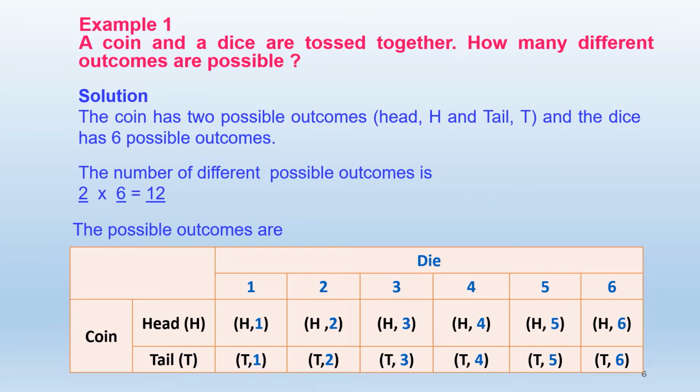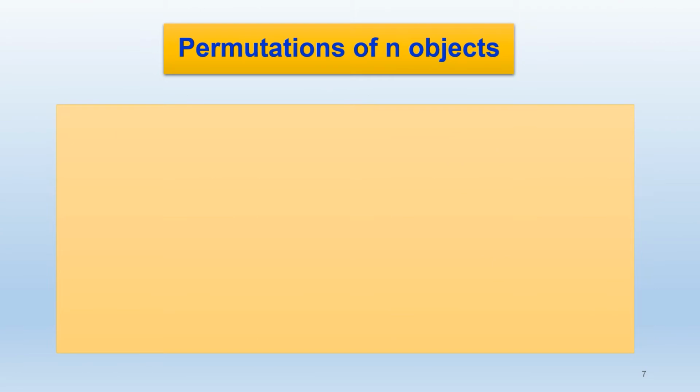And for the second row also you have 6 possible outcome, which means altogether you will have 12 possible outcomes. This is how you get the 12 possible outcome when you draw the table. Or otherwise you can use the multiplication principle.